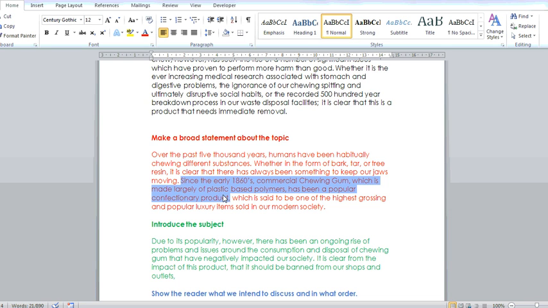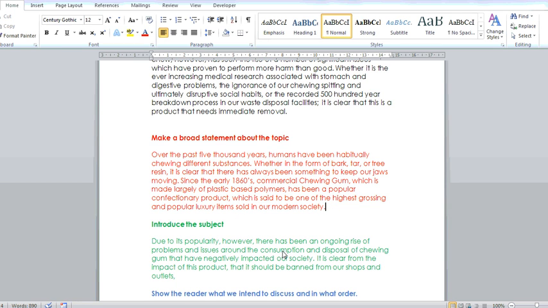For the person who said chewing gum is a big deal, yes, they recognise that it is popular to a certain extent, but they haven't shown us that greater level of in-depth analysis, whereas this person's done a really great job.